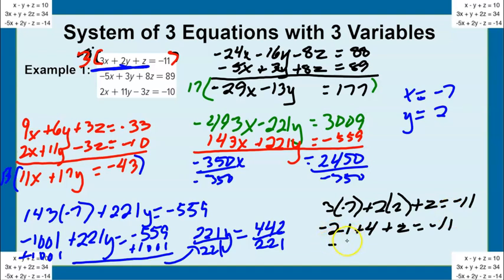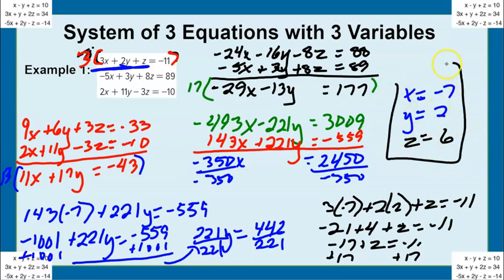This is a -17 plus z equals a -11. Going to add 17 to both sides, and I'm left with z equaling a +6. So that is how you can solve a system of 3 equations with 3 variables.